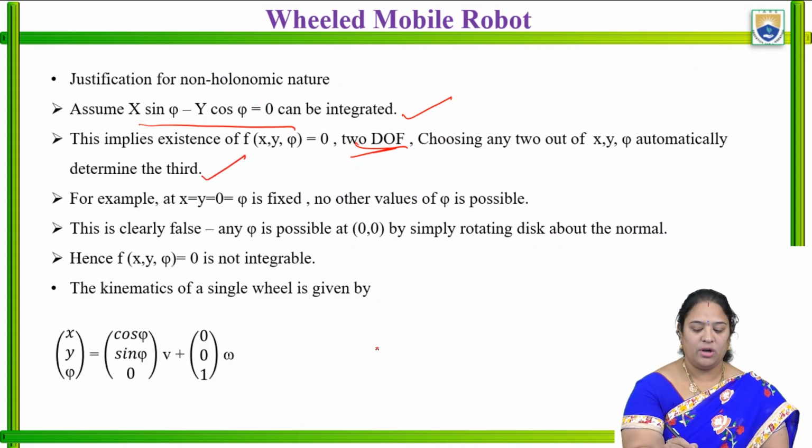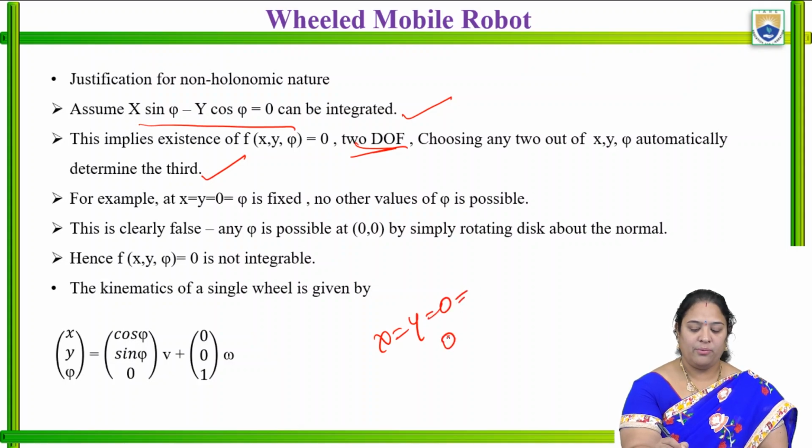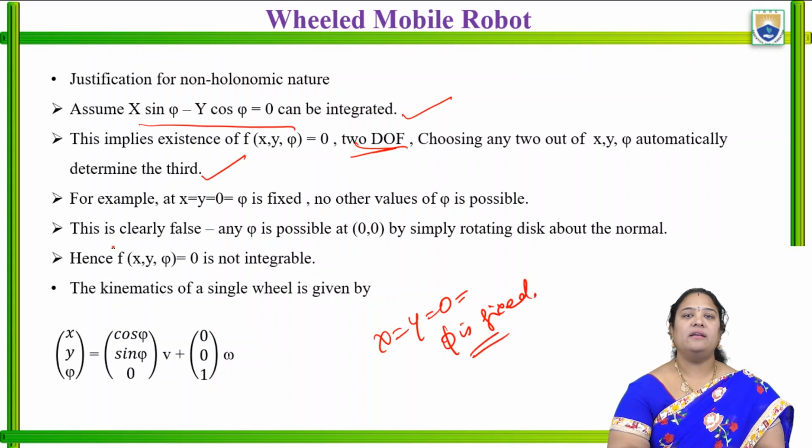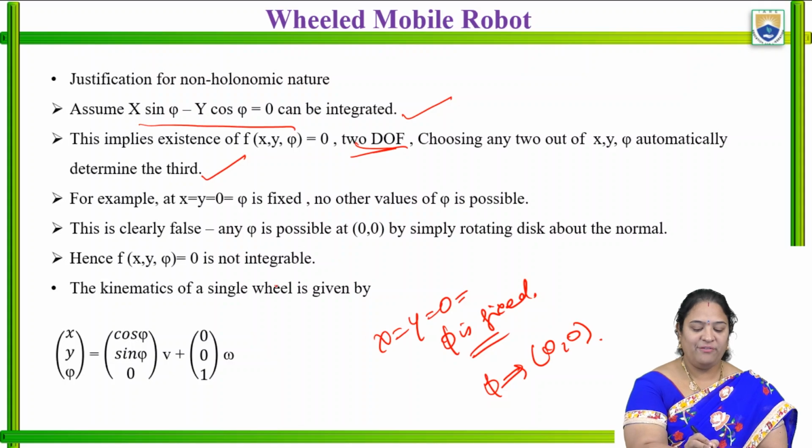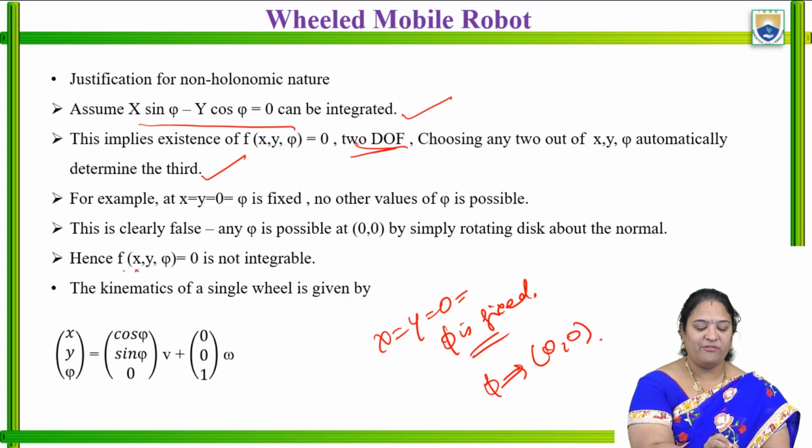That is, x is equal to y is equal to 0, where phi is fixed. Now this is clearly false, that phi is possible at 0 comma 0, psi will be possible at 0 comma 0 when we take f of x comma y comma phi is equal to 0.